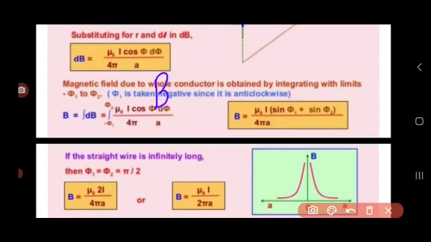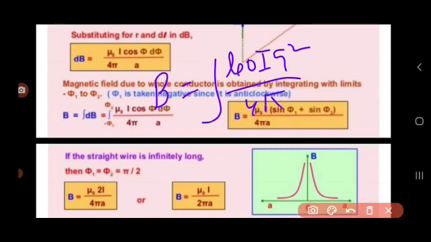So sec square phi is cancelled out and we get the relation B is equal to mu naught I by 4 pi a, integral of cos phi d phi.